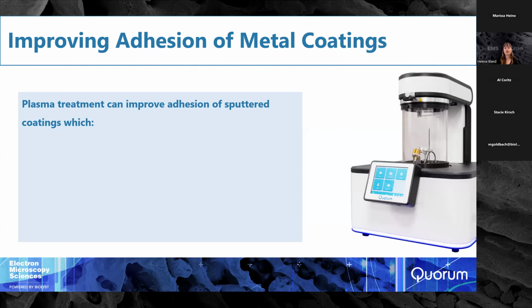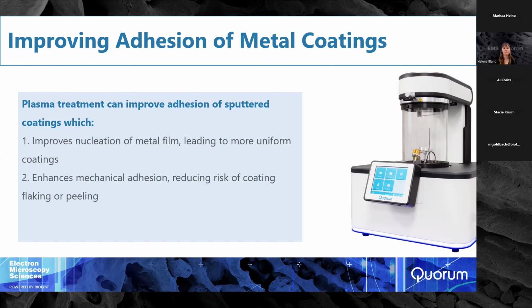Plasma treatment is also really great for improving the adhesion of metal coatings. When we sputter onto our non-conductive samples for SEM, we can use plasma treatment to make that coating a much better coating. This is because when we've got a more uniform layer to coat on, having removed any contamination from the surface, we can get better nucleation of the metal film, so we've got a more uniform coating across.